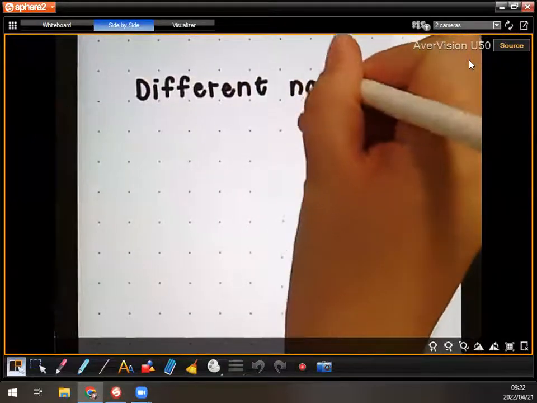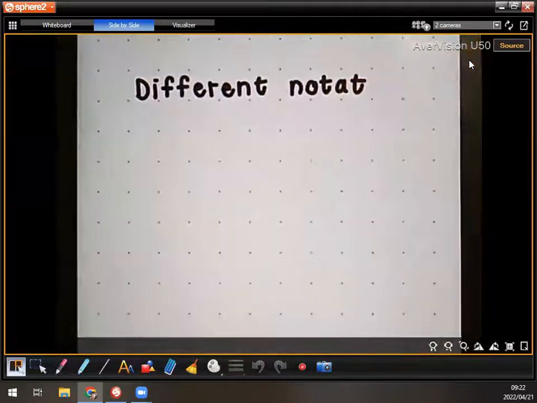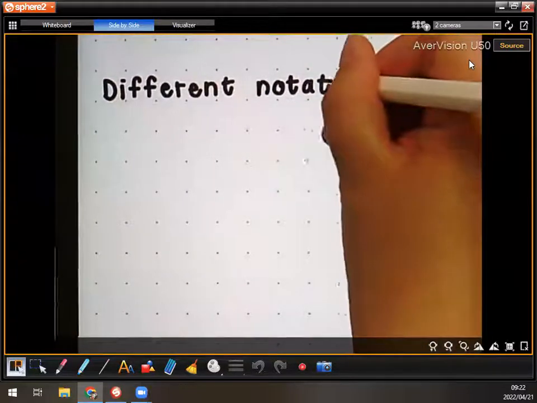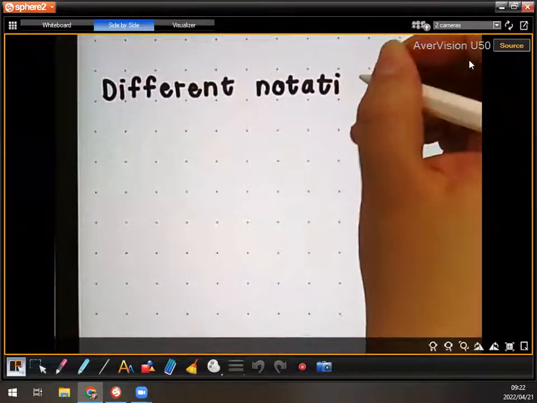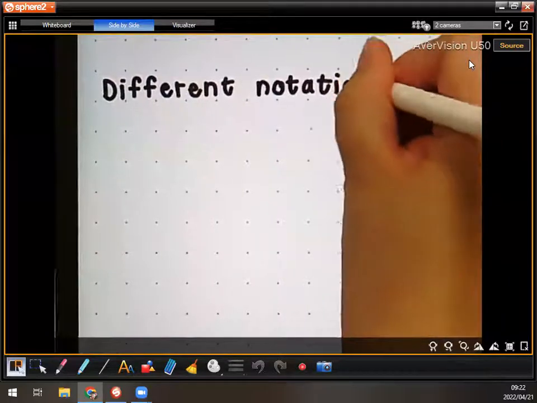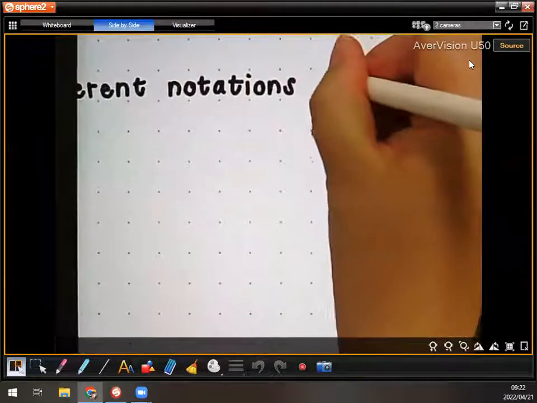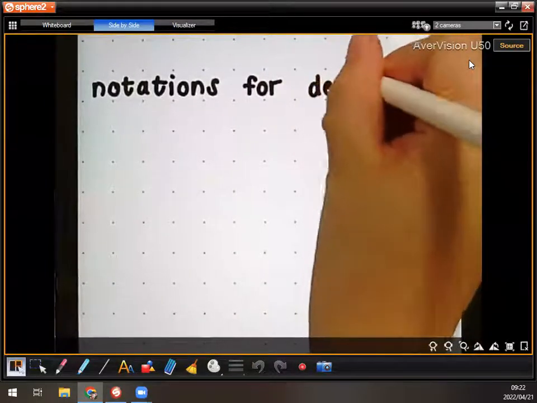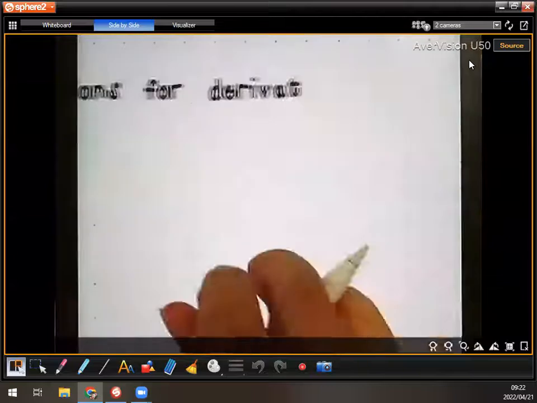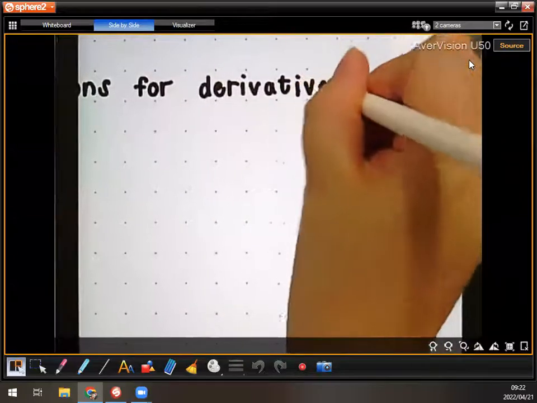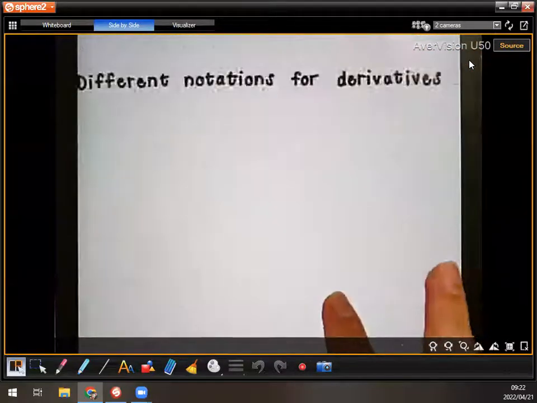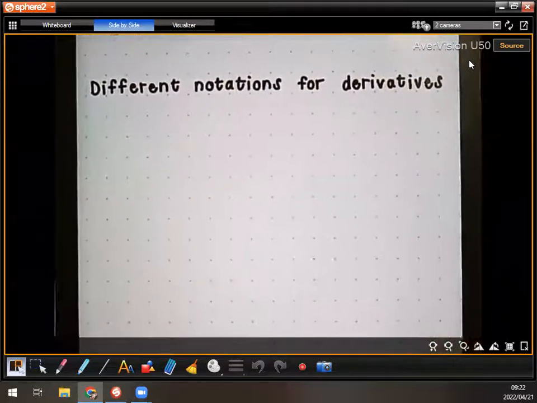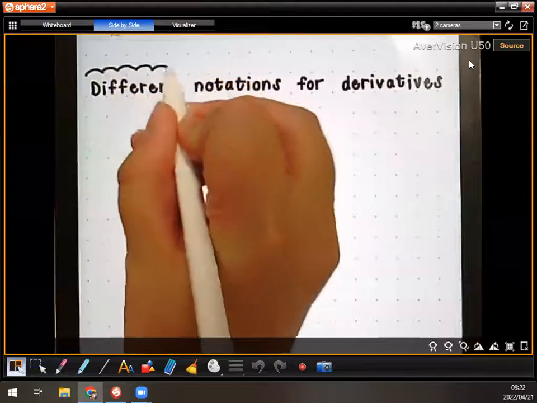The derivative is the same as the gradient of the term at the specific point.